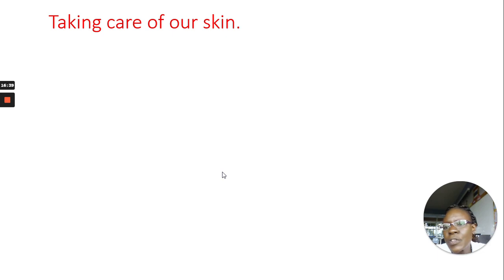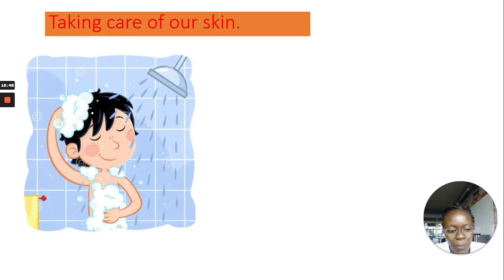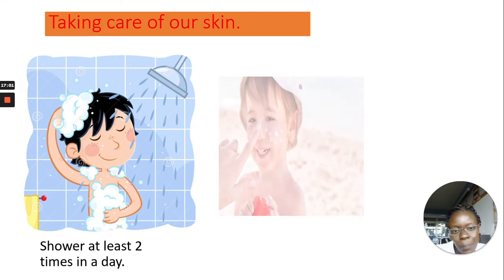So how do we take care of our skin? What do you need to do? You need to take a shower. Shower at least how many times? Two times a day. Shower at least two times a day, and wash yourself properly.